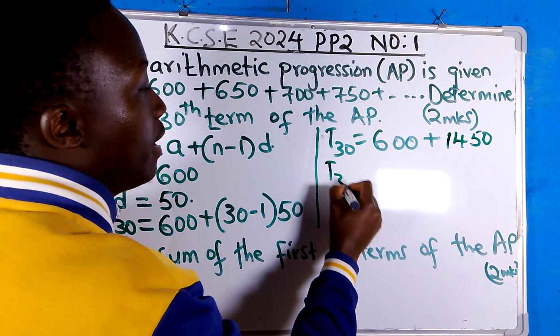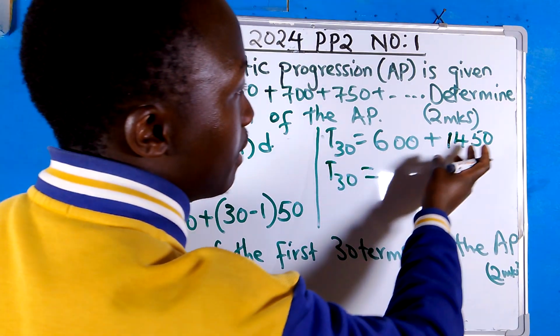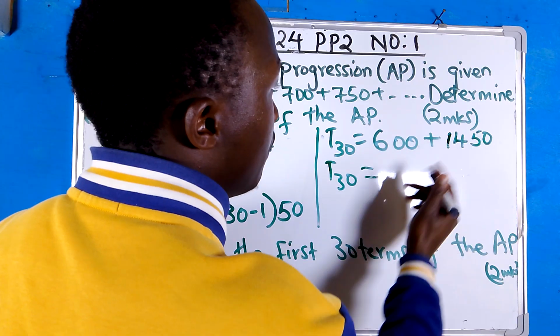So when we add the two, we will get our nth term as 600 plus 1450.